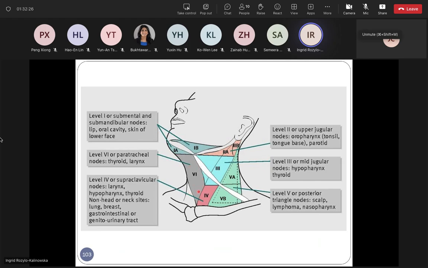So these are the lymph nodes for the regional spread of different neoplasms, with the lymph carrying metastatic cells into the lymph nodes. So for oral cancer, we are mostly preoccupied with levels 1A and 1B as they drain the lip, the oral cavity, and the skin of the lower face.